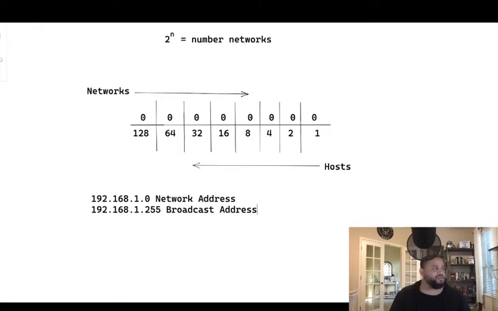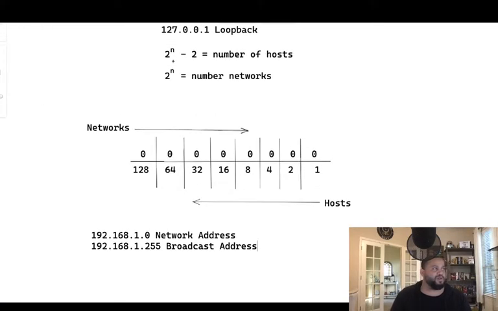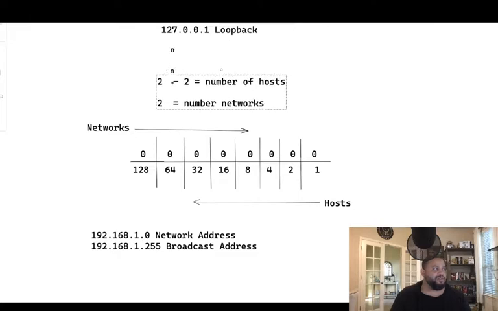Now, why this is important: if you look up here, there's this formula that I have here. Let me move my little ends into place. To calculate the number of hosts that is possible on a network, you can say this is the number of hosts and this is the number of networks.